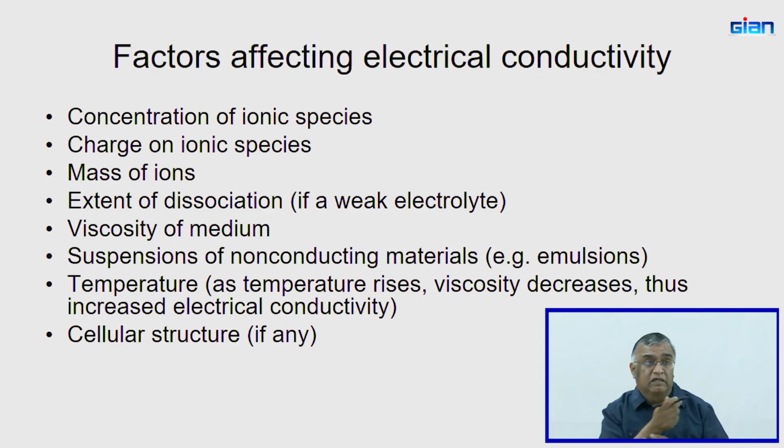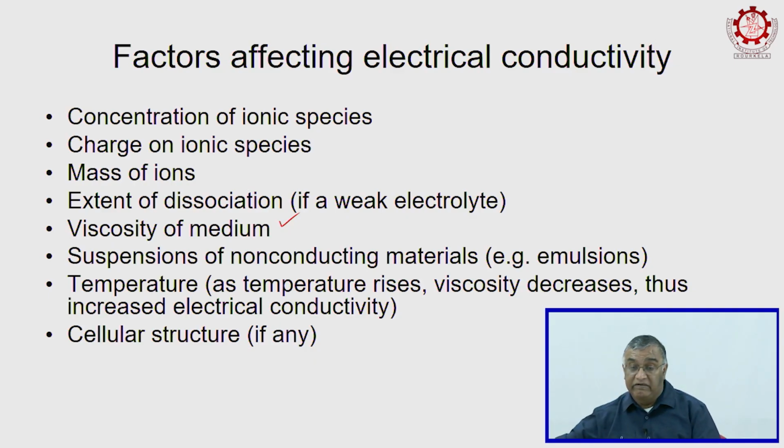The electrical conductivity of the material is going to be affected by what type of salt ions you use, what type of dissociation they have, what viscosity the medium has, how quickly the temperature is increasing, cellular structures, and all those factors can affect the electrical conductivity values.